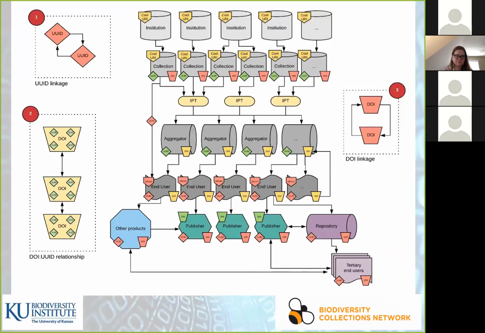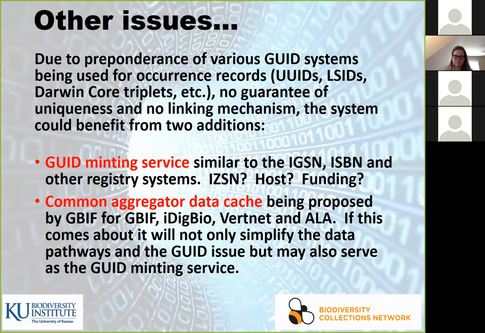In the second one, the DOI and UUID relationship, obviously within a DOI, we need to have all of the individual GUIDs associated with the individual occurrence records that persist through this DOI cycle of having an initial DOI that may then change due to augmentation or editing or whatever the case may be, and making sure that that whole cycle persists. And then also these DOI linkages of linking one DOI to another, in order to be able to ensure that all of those linkages persist all the way through the cycle.